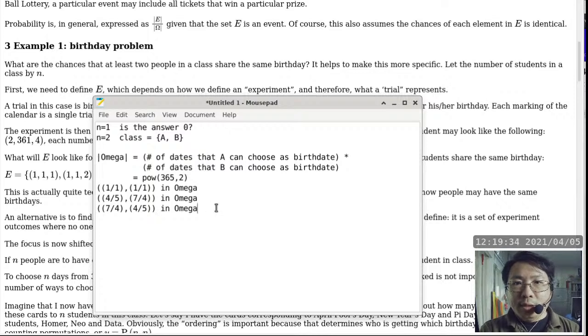And obviously, if you go all the way to the last one, it's going to be December. December 31st is the last day of the year. So that would also be an element in omega.